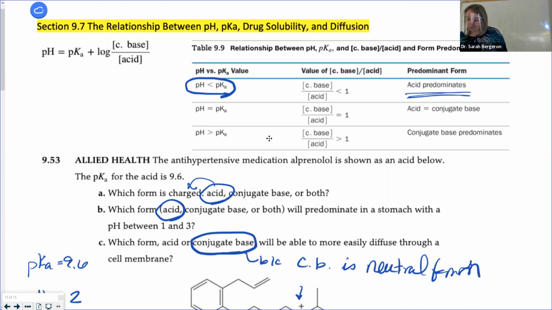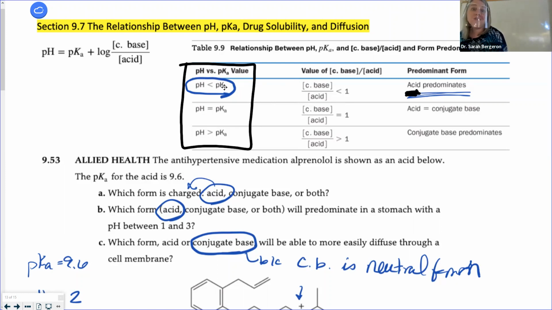This is what you have to know, right? If my pH is less than my pKa, I'm going to have more acid present, right? Because what is that telling me? It's telling me that I'm going to keep the hydrogen attached, right? So I'm going to keep the hydrogen, whether that's charged or uncharged doesn't matter.